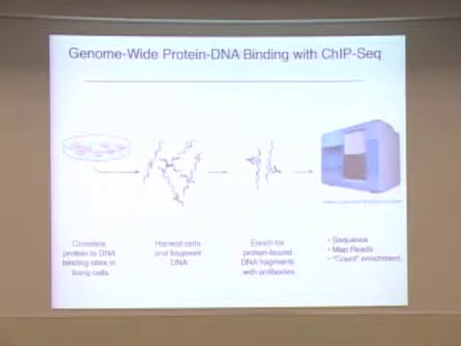So the Mediator was of interest to me because for the first decade or so that I worked at MIT, I worked on this complex in yeast, so it's quite familiar to me. And it was a surprise that it was such a profound target of this screen, because I just thought of it as a component of the general transcription apparatus in most cells, and I still do.